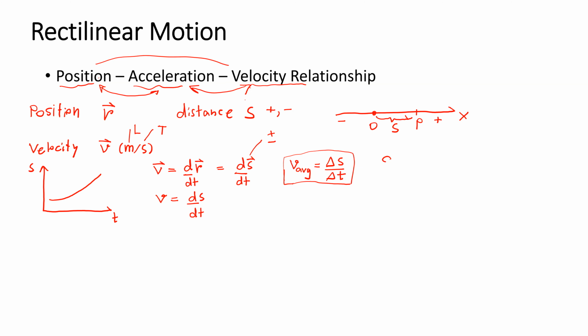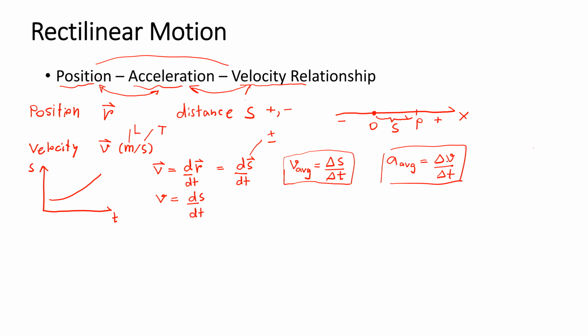Before this, you may also be familiar with the average acceleration, which is the change of the speed over time. In our class, we consider the actual derivative, the instantaneous derivative, not the average rate.